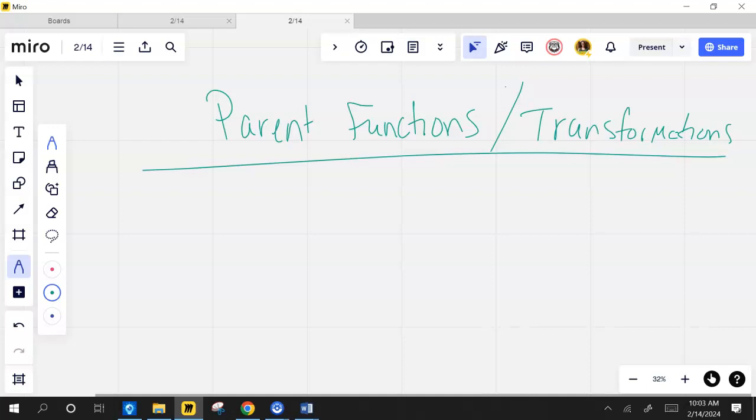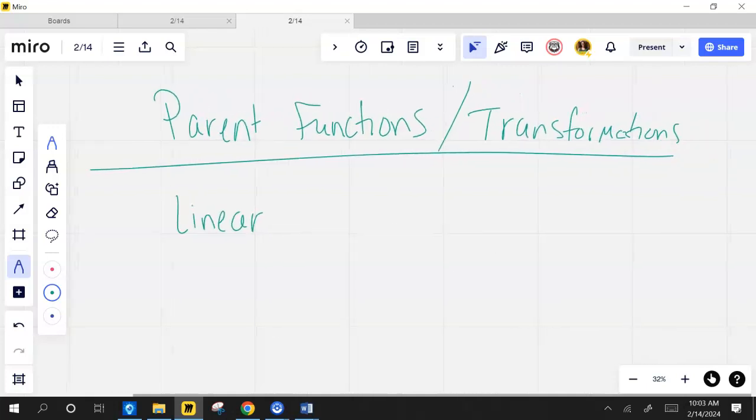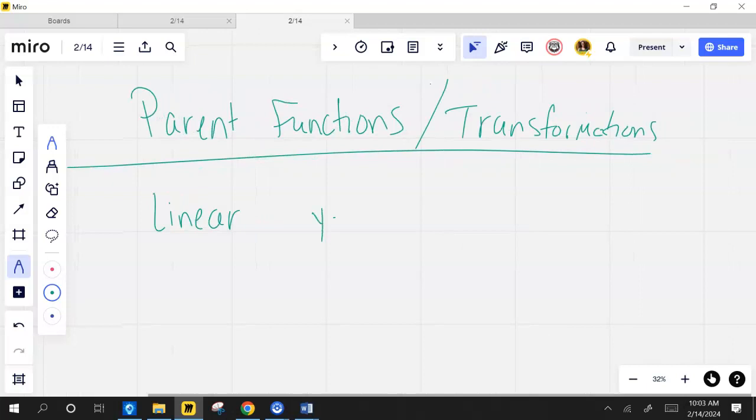No transformations have been done, and you are going to be focusing mainly on 3 parent functions. We will be adding to these as we go, but right now I want you focused on 3. Those 3 are linear, which is just the graph y equals x.